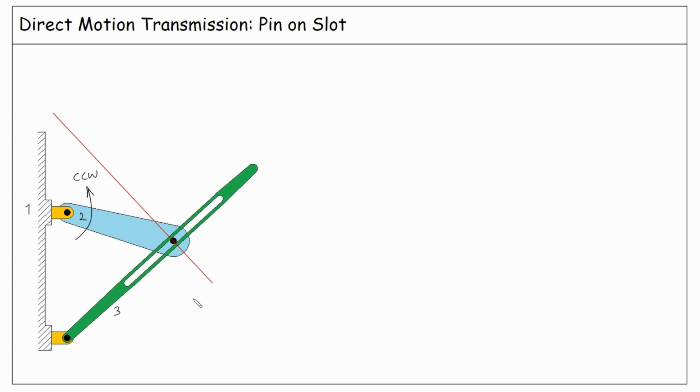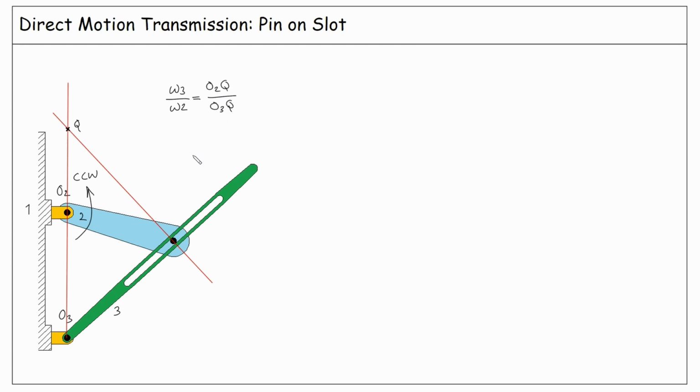For the line of centers, the rotation centers are O2 and O3. If I connect them, O3 to O2, and extend until it intersects the line of transmission, and call it Q, then I can say omega 3 over omega 2 is O2Q over O3Q.